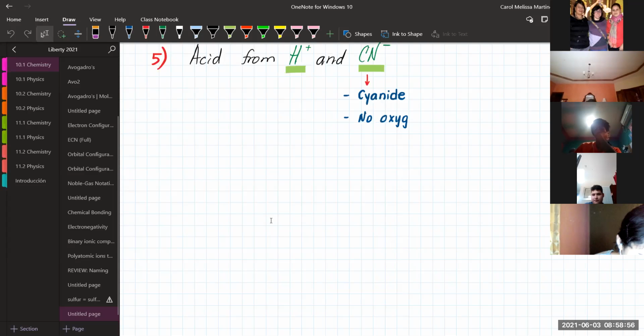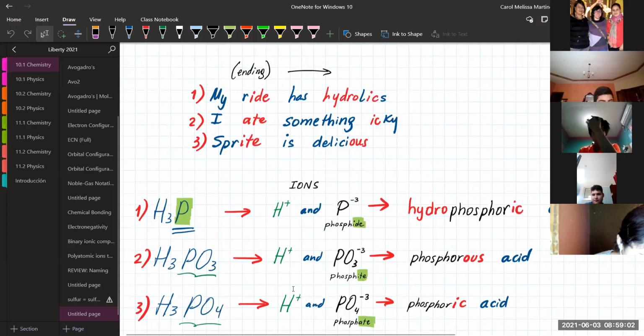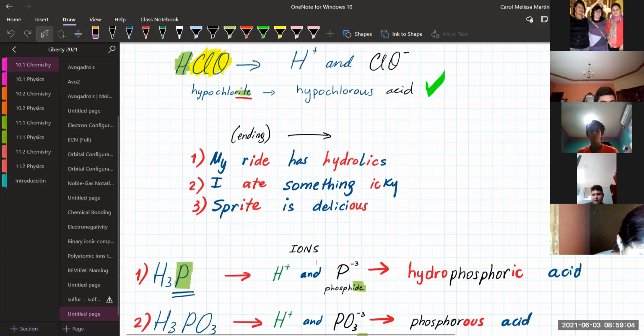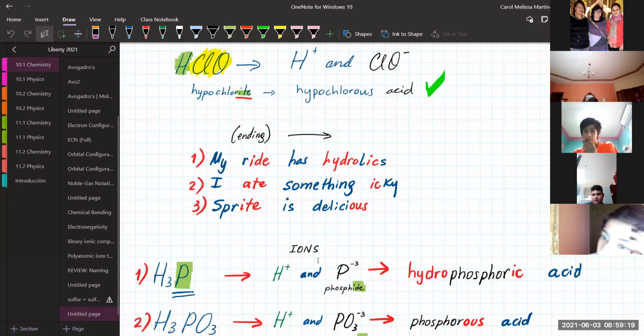So what is the rule that we need to follow? From the mnemonics, the name is cyanide. It ends in IDE. What is the mnemonic that we need to follow? 1, 2, or 3? 1. The number 1.